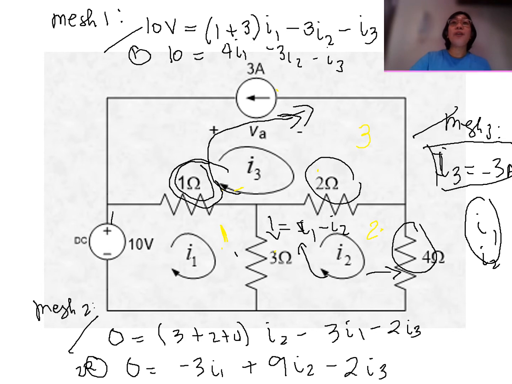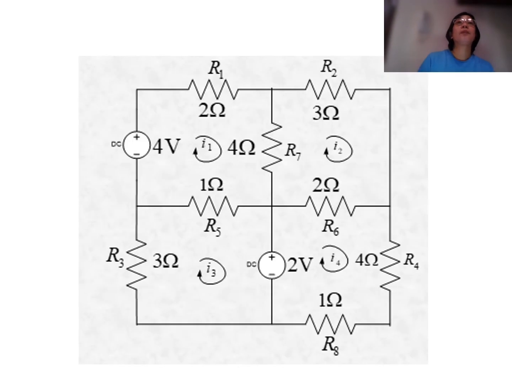So let's have another example. In this case, we have 4 meshes. So we have I1 as mesh number 1.